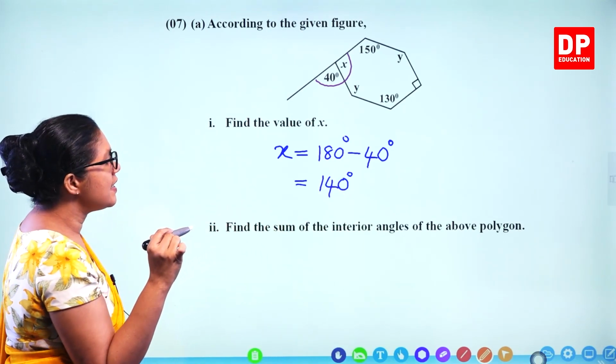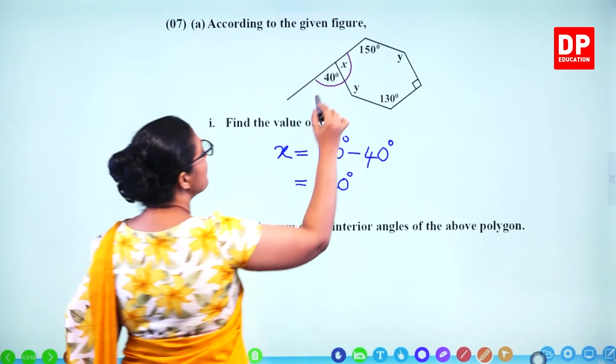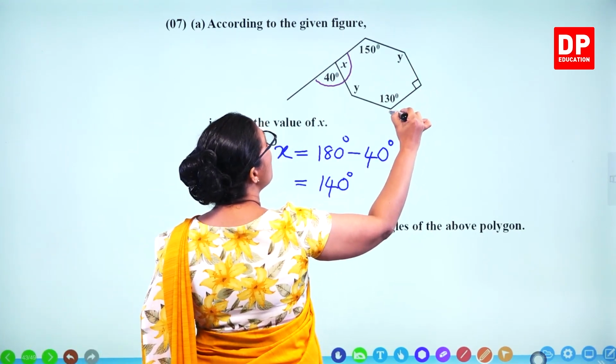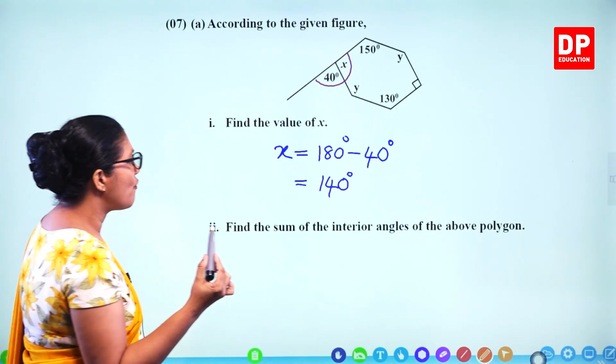Find the sum of the interior angles of the above polygon. So what's the shape here? 1, 2, 3, 4, 5, 6. A hexagon. So how do you find the sum of interior angles?